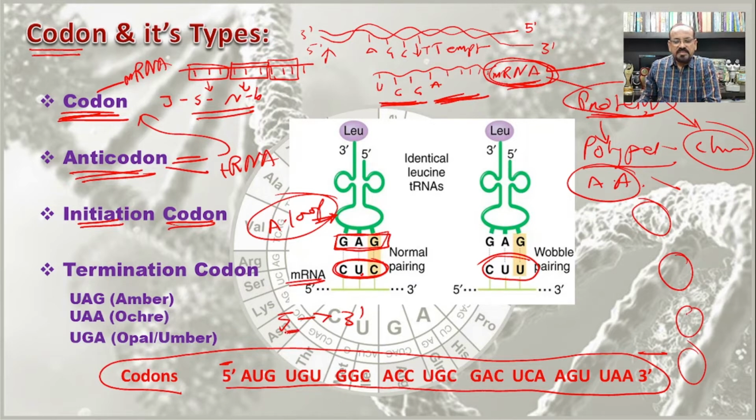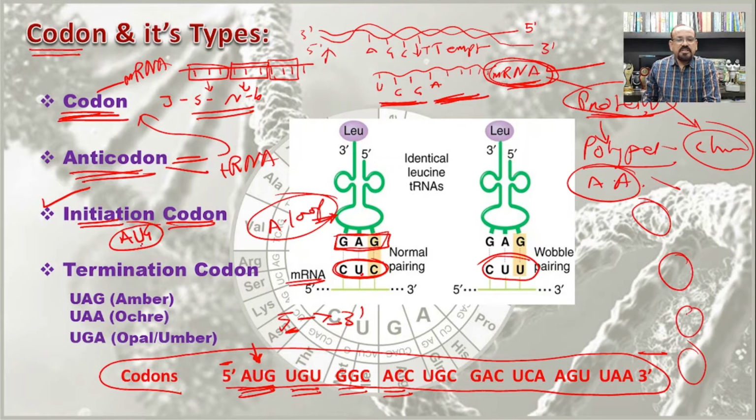Now if we see this sequence, this is the first codon, that is the AUG, then the second one UGU, third one GGC, then the next one is ACC, and so on. So this is the first codon, and the codon which is responsible to initiate the protein synthesis is known as the initiation codon, and there is a single initiation codon, that is the AUG.